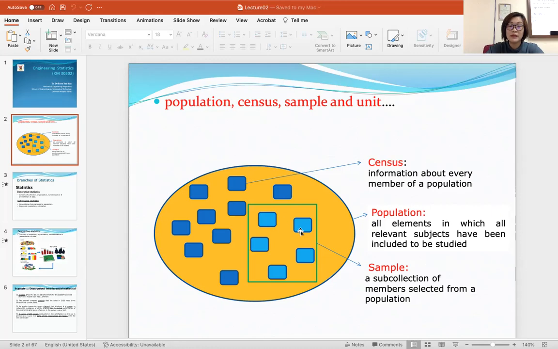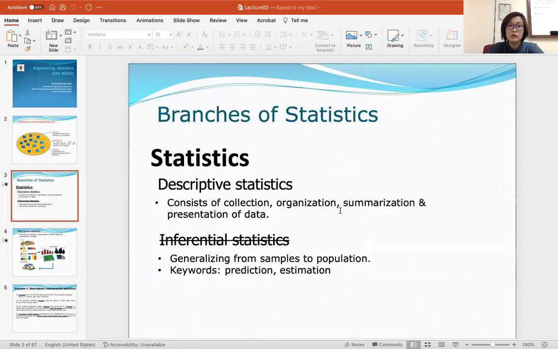Your question might be, can the light blue color also be my census? Yes, because it represents the population. But I'm not only focused on the sample, which is the light blue color. We also learn that statistics can be divided into descriptive statistics and inferential statistics. Descriptive statistics is where you collect, organize, summarize, and present the data.